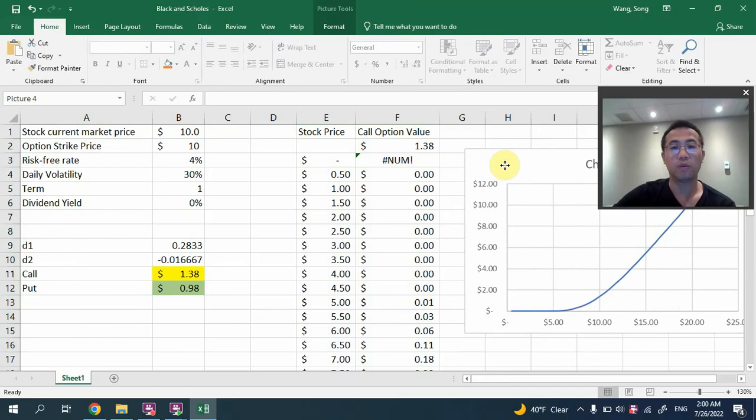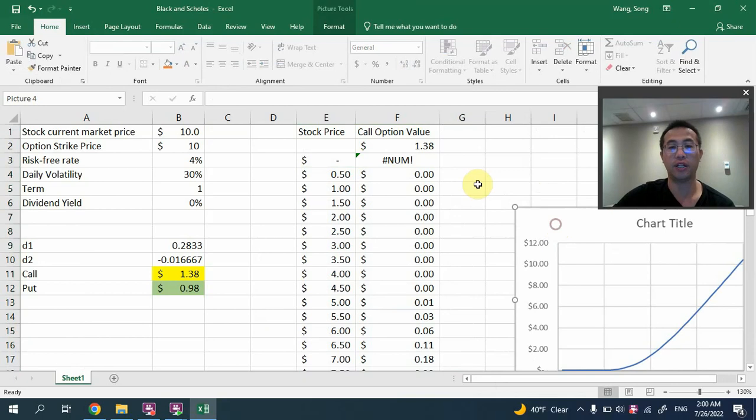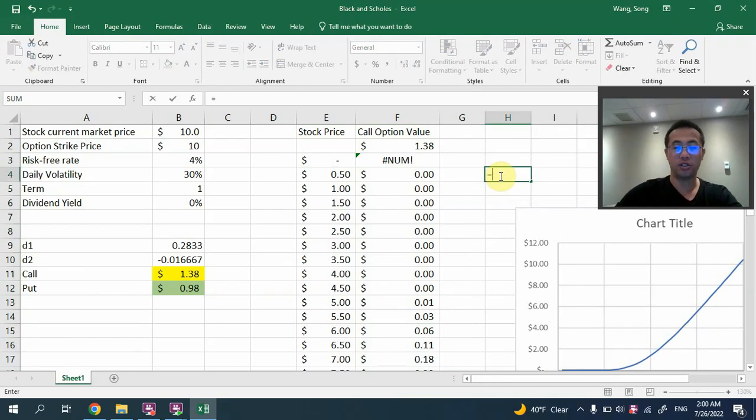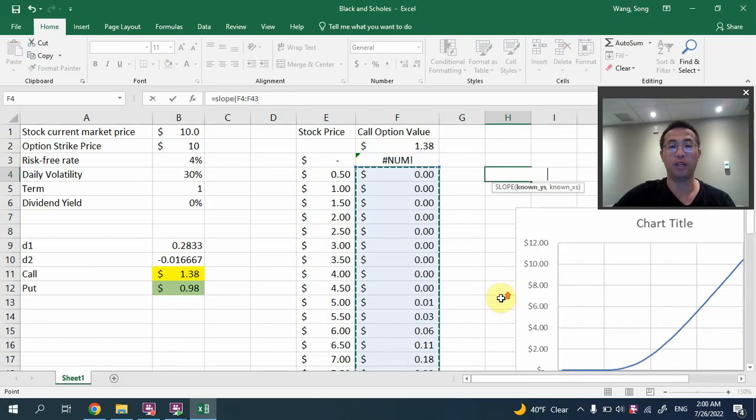Okay, so what's the delta for this one? So I'm going to use the slope of it. I can just use a slope function and use the option value as the y-axis. That's the dependent variable. It's determined by the x values here.